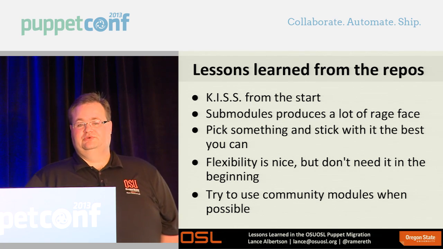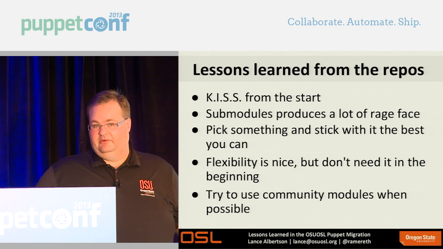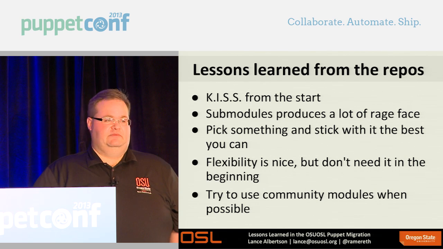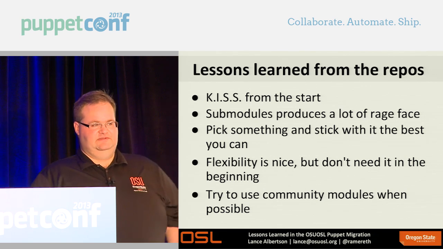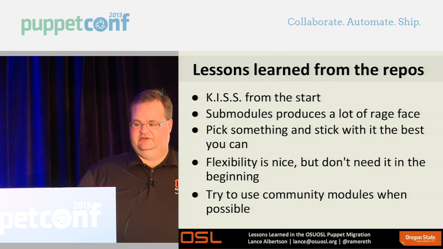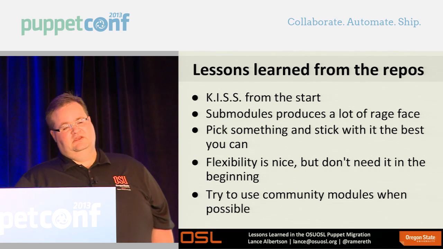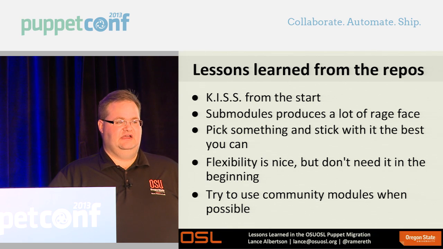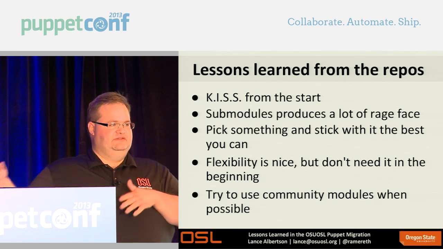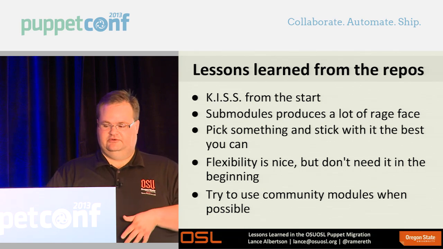Submodules, avoid them as much as you can. You may not be able to avoid them at all, but at least try to minimize it. Don't do a submodule for every single module you have out there, unless it's not going to change much. Pick something, actually sit down and design and try a few things a little bit, but don't keep refactoring. It's like, well, we'll try this other thing, and then migrate everything over to it.